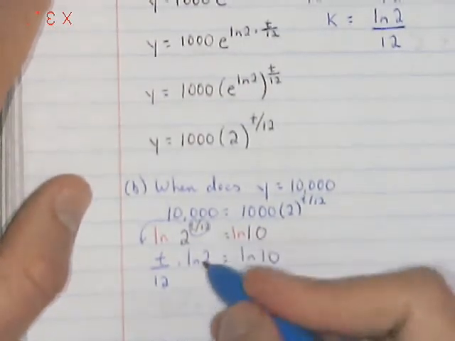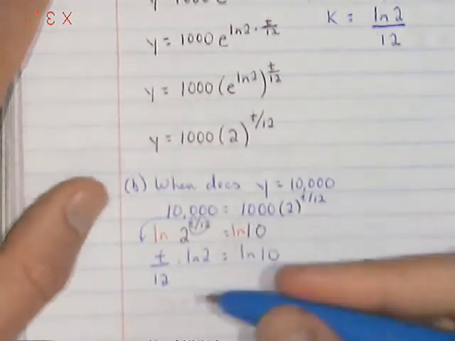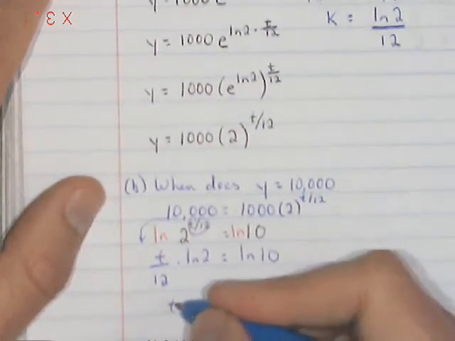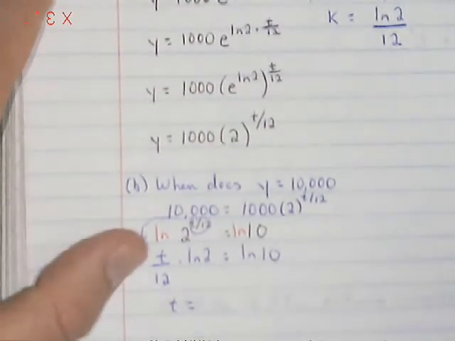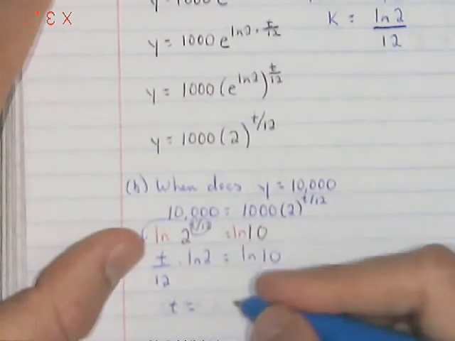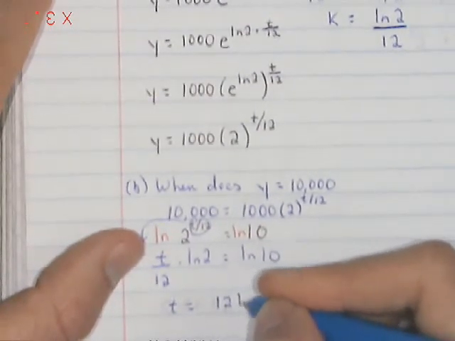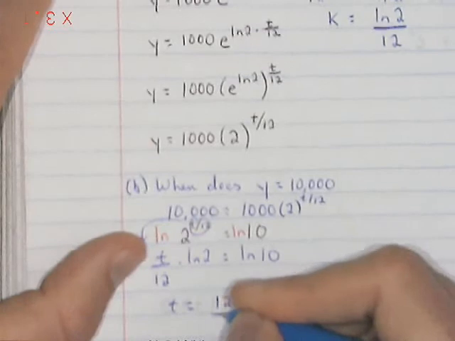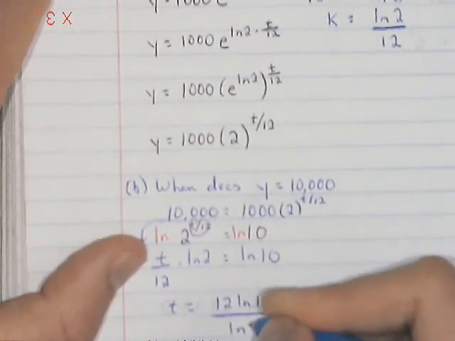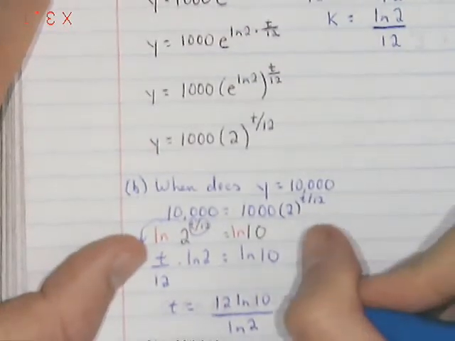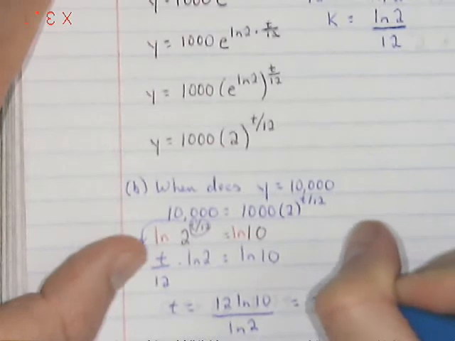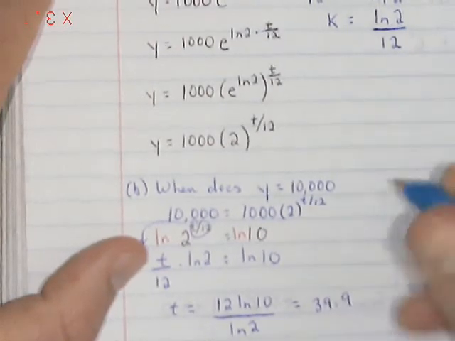And so then dividing by ln of 2, multiplying by 12, the time it takes to get to 10,000 of these bacteria should be 12 times the natural log of 10 divided by the natural log of 2, which comes out to be 39.9 minutes.